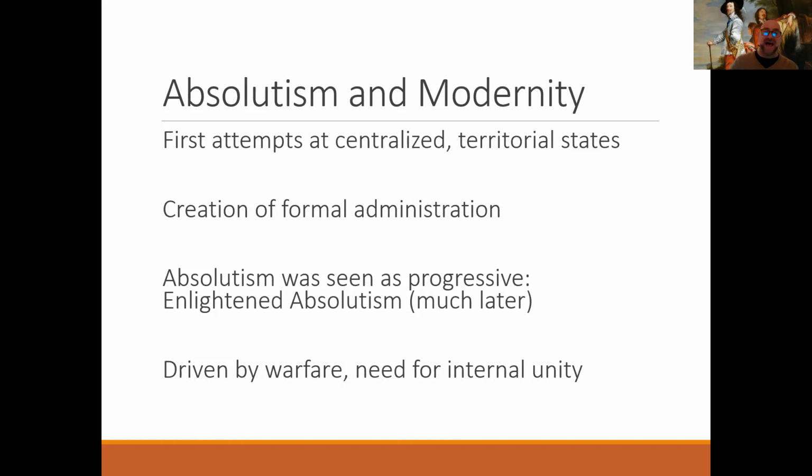And so for this reason, absolute monarchies, absolutism, but mostly monarchies, are seen as progressive. They're the cutting edge of government. In fact, as you get farther into the 18th century, they'll begin to pioneer scientific methods of government, getting the Enlightenment on this, using the latest ideas to govern their populations.